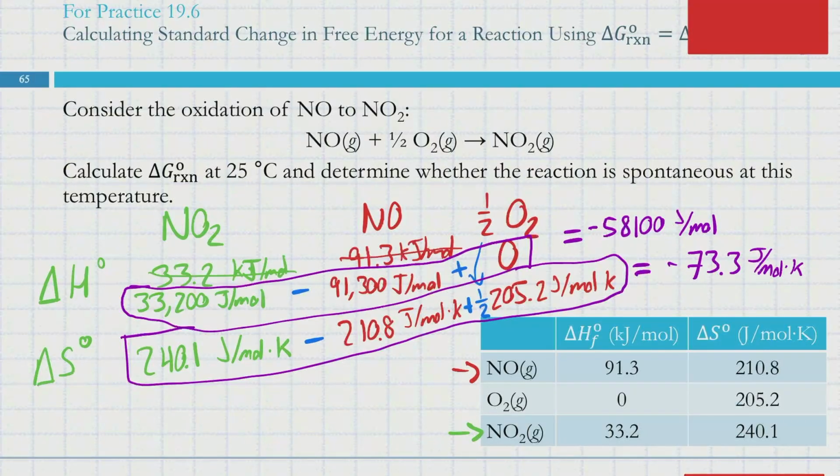There's an equation that's partially covered up in the top right corner there. Standard change in free energy of the reaction is the standard change in enthalpy of the reaction minus temperature times the standard change in entropy of the reaction.